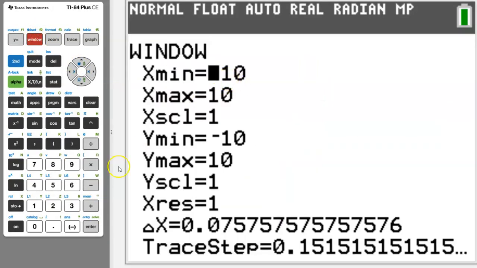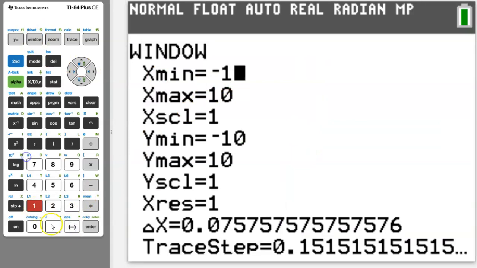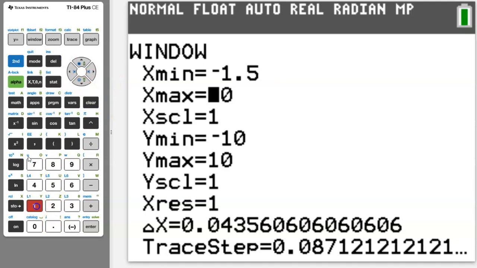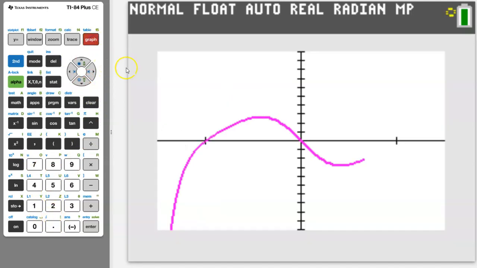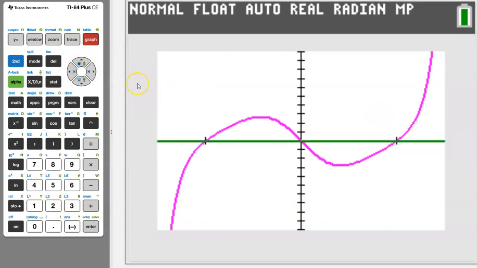So x min will be negative 1.5 and x max will be positive 1.5. Let's hit graph again and see what we've got. Remember, we are looking for the intervals where f double prime is negative. So we see that f double prime is below the x-axis from here to here and from here to here.